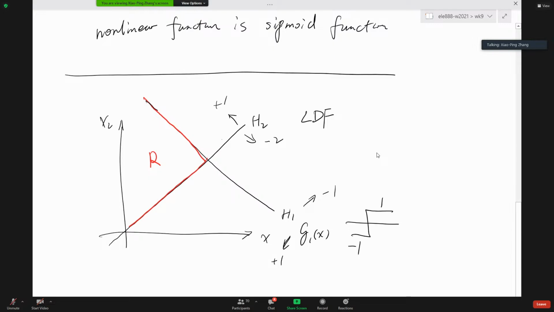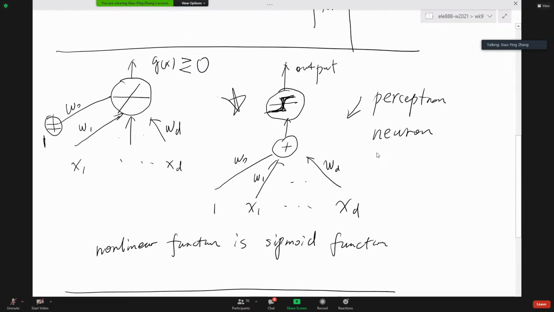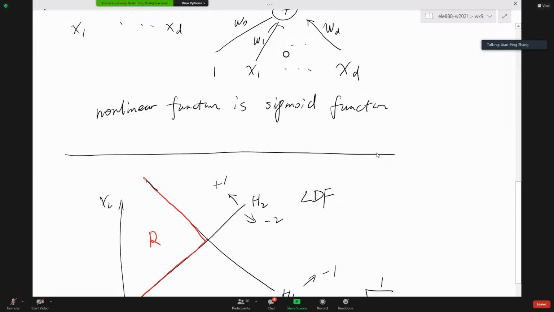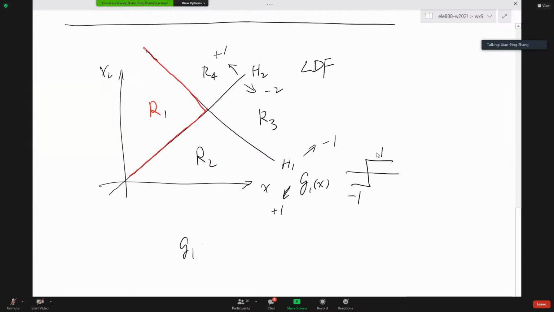So now if you look at these two decision boundaries, if we use this structure, the first one has one perceptron here, and the second one has one perceptron as well. Now we actually have 4 regions: R1, R2, R3, R4. If we simply add G1(x) plus G2(x), we have 4 values in these 4 regions.